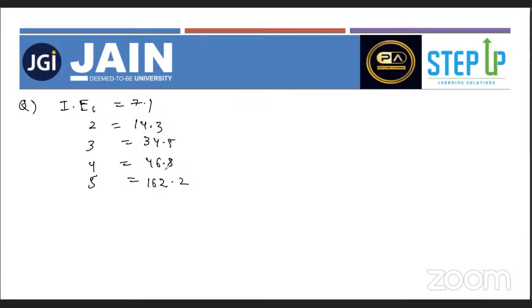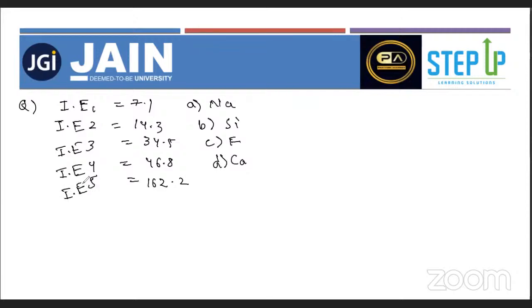Everything is in electron volts. Which particular atom does this show? Options are A, Si, F, C. This is ionization energy 1 through ionization energy 5. Which atom do you feel is represented by this particular trend?